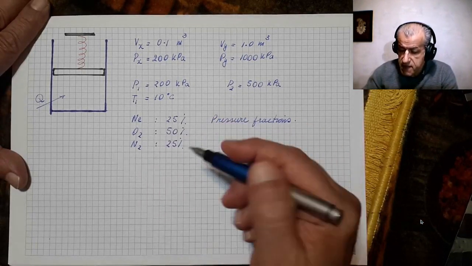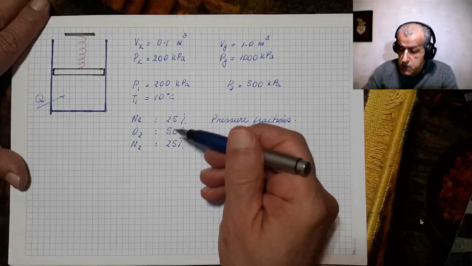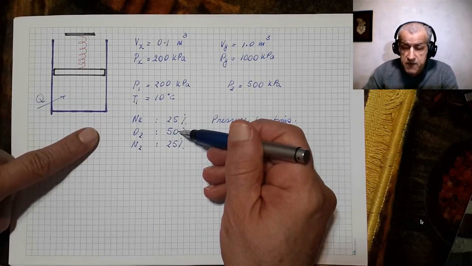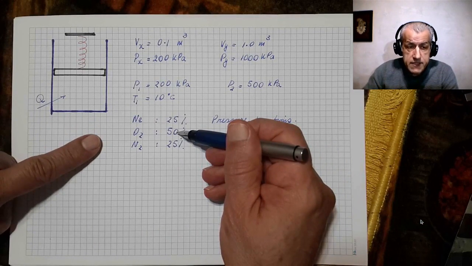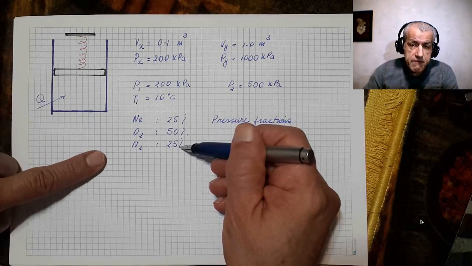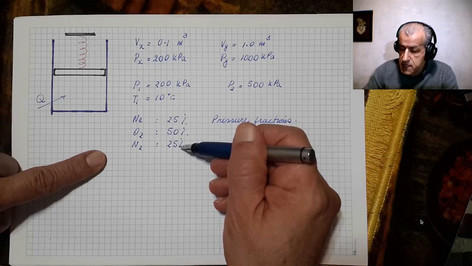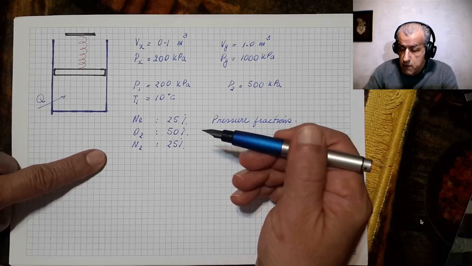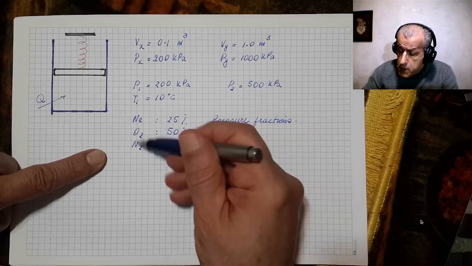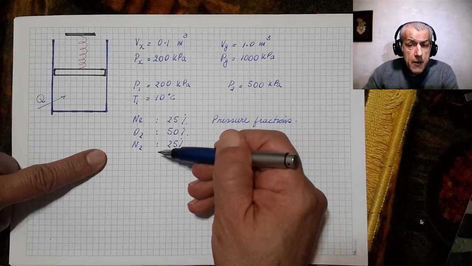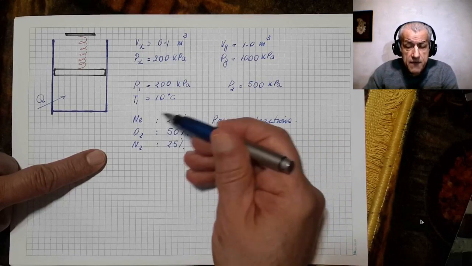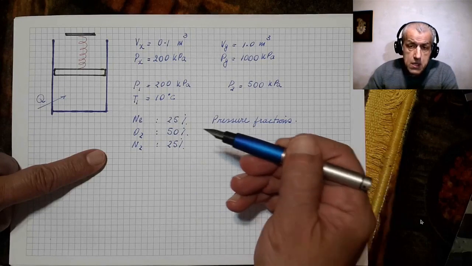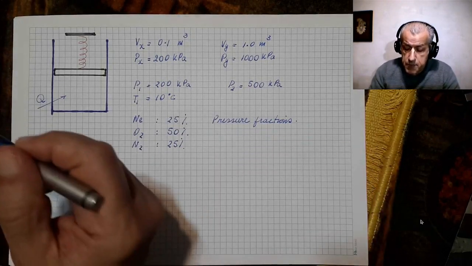It means that whatever there is inside here, 25% on a molar basis is neon, 50% on a molar basis is O2, and 25% on a molar basis is N2. And now we have to find combined properties of this very combination and use it to solve our problem.